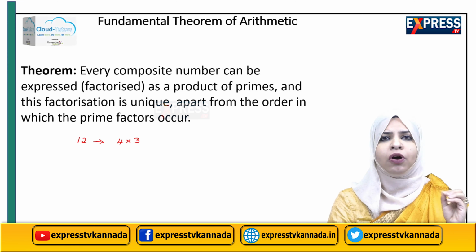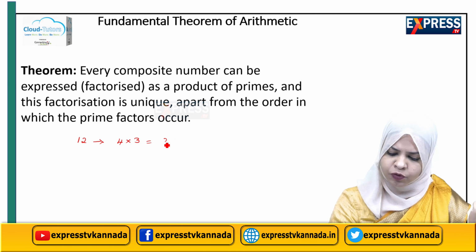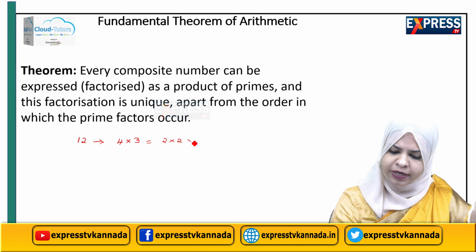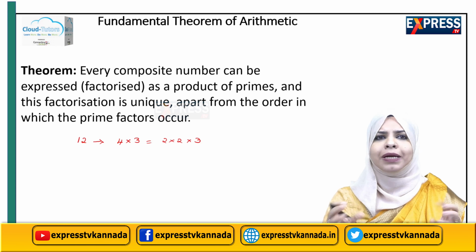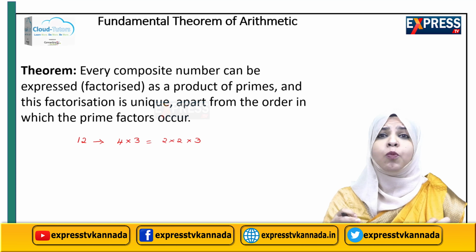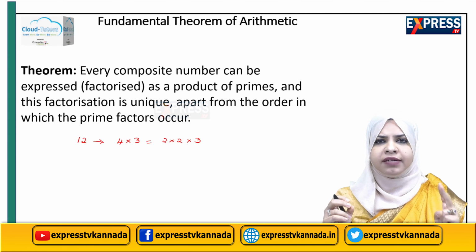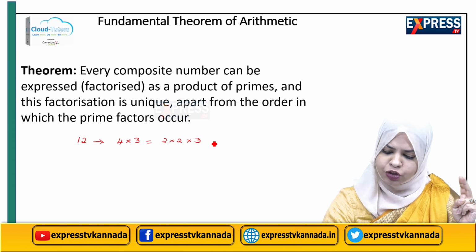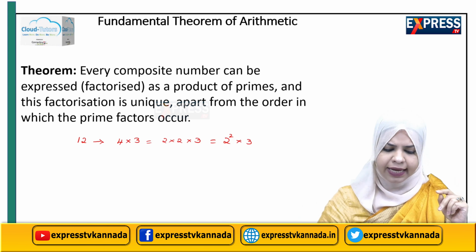No, 4 is not a prime number. So we can write 4 as 2 into 2, and 12 becomes 2 into 2 into 3. Observe what I did: I just split the 4 in terms of primes. The smallest even prime number is 2. So I can write 12 as 2 square into 3.